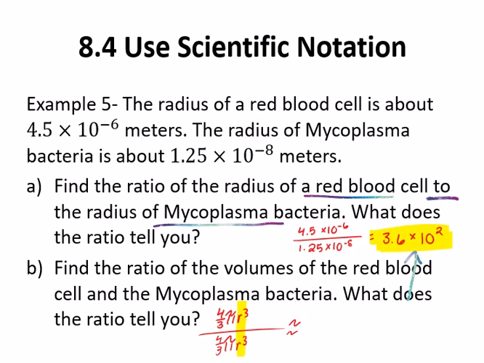And so if you were to take the ratio of volumes, it would end up, I think, somewhere around 4 million or 46 million, something like that. So even though the radius is only 360 times the size of a Mycoplasma bacteria, the volume of a red blood cell is even larger than the ratio of the radius.